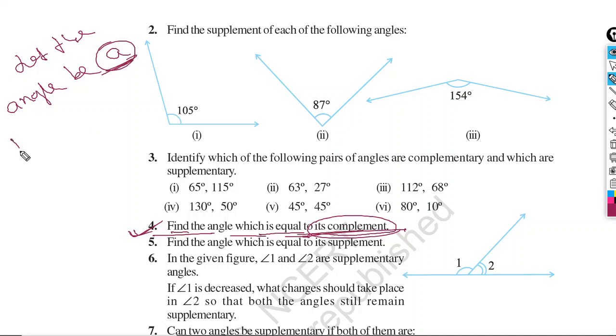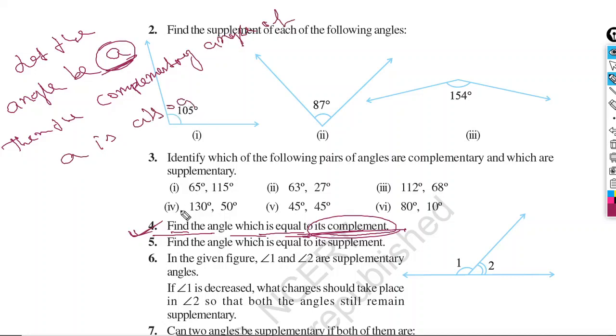You can write then the complementary angle of A is also A. Why? Because the question is saying find the angle which is equal to its complement. That means the angle is equal to its complement. If the angle is A, the complementary angle will also be A.